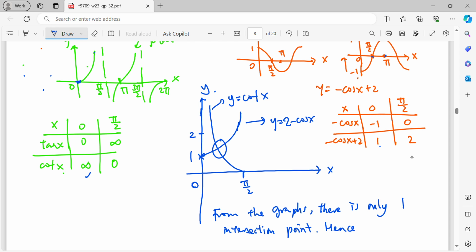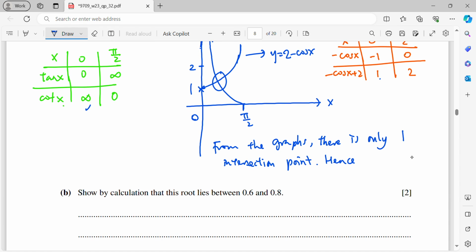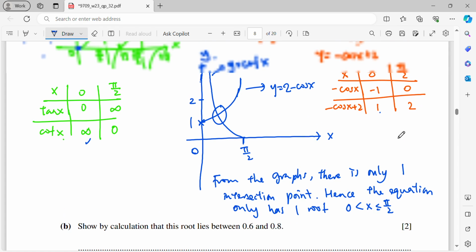Hence, the equation only has one root for x between 0 and half pi. So that's all for this graph.